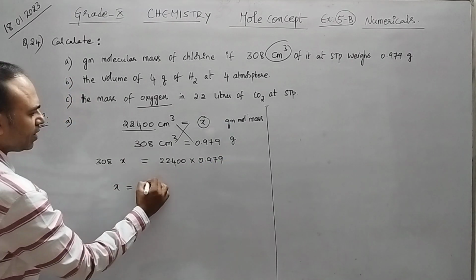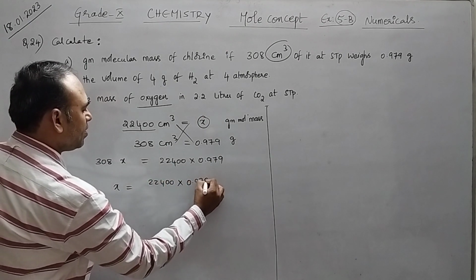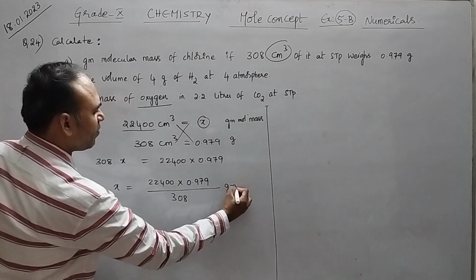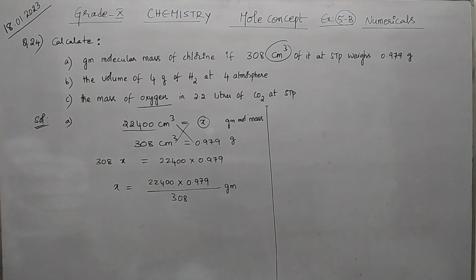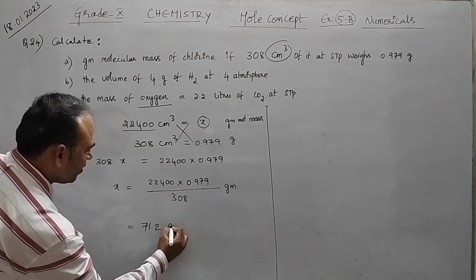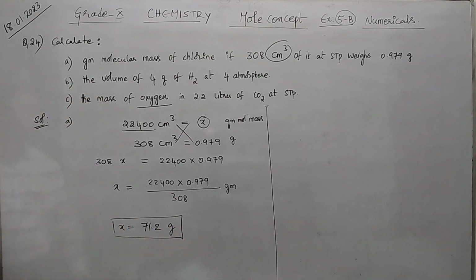So what is X now? X is equal to 22,400 into 0.979 divided by 308 in terms of grams, because they are asking in grams. So that is equal to, I have already calculated, we get around 71.2 grams. So X value is 71.2 grams.